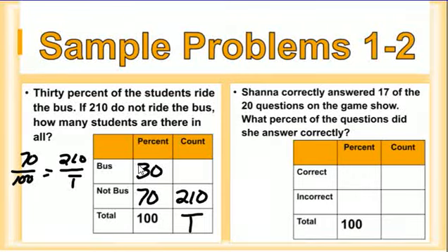And now there are a couple ways you can solve this one. You can cross multiply and divide, or I know there's a relationship between 70 and 210. 70 times 3 gives me 210. Because these are proportional, I know that 100 times 3 will give us our total, which would give us a total of 300 students.